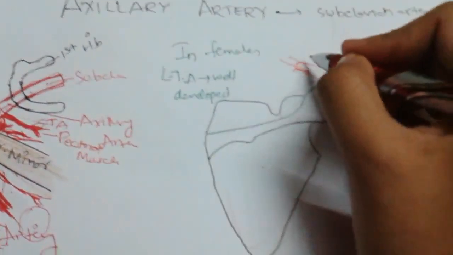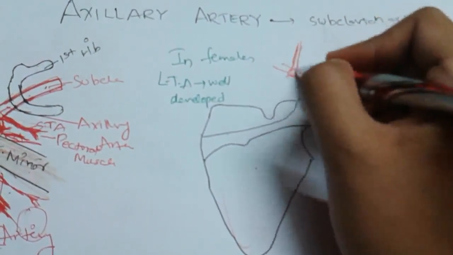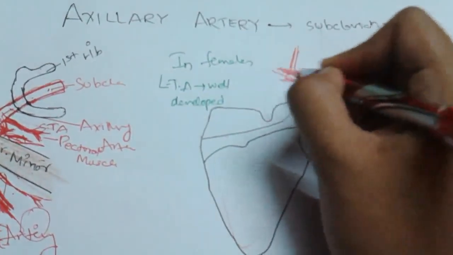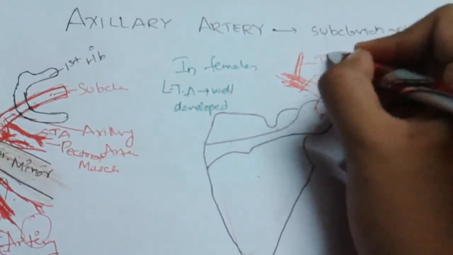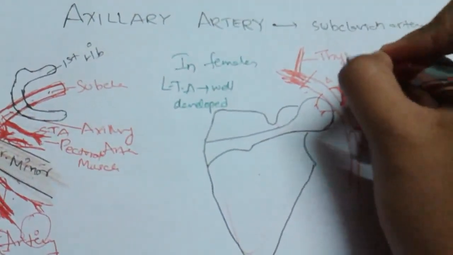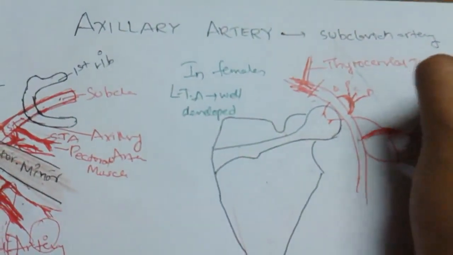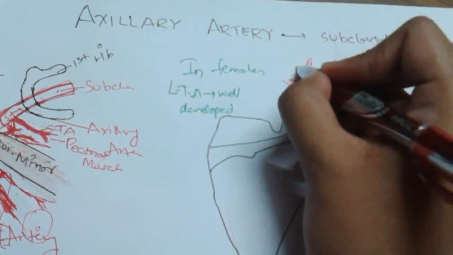Okay. And this is the subclavian artery. This is the continuation of the subclavian artery, right? Axillary artery is a continuation of the subclavian artery. So the subclavian artery has a branch called, this is your new term, thyrocervical trunk. This thyrocervical trunk gives 2 branches.